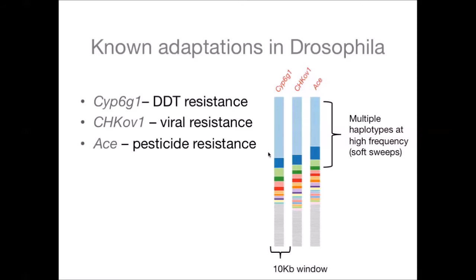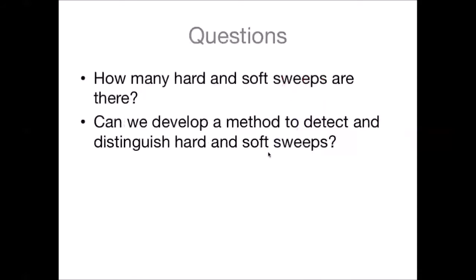So we wanted to know if there could be a method that could detect soft sweeps with greater power. And so that led us to these questions of how many hard and soft sweeps are there, and can we develop a method to detect and distinguish hard and soft sweeps?